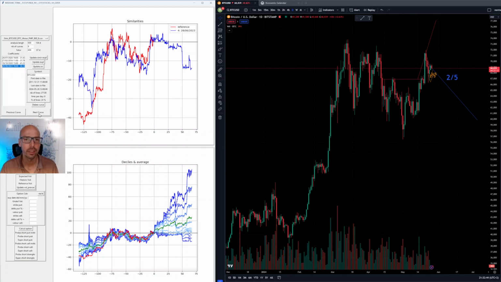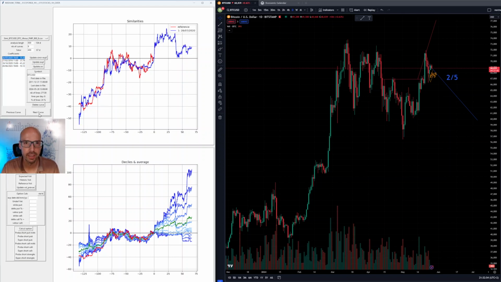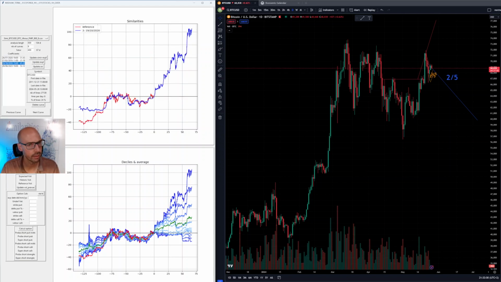So to conclude, we have 2 tails here. We have 4 curves. 2 of them look like this one, an up movement, a surge, and this one is the same surge up movement.